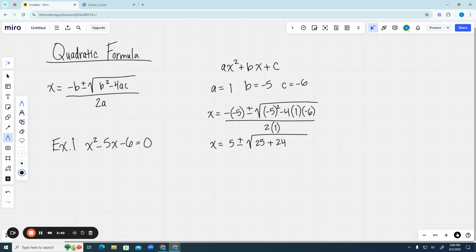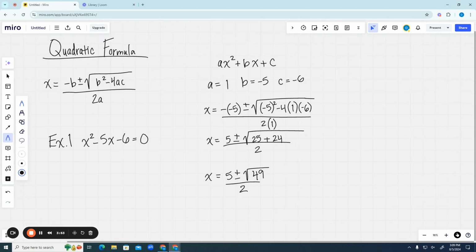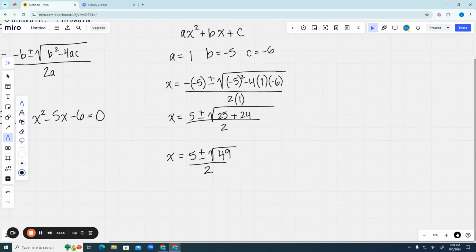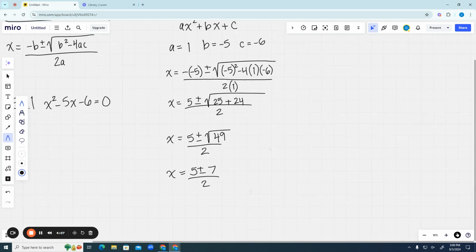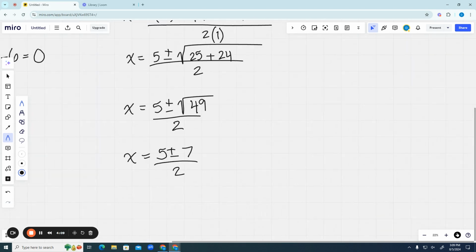So then you got 25 plus 24, which is going to be 49, all over 2. And so then we just need to compute that square root, which the square root of 49 is 7. And if you look at this answer here, we can't simplify it any further.